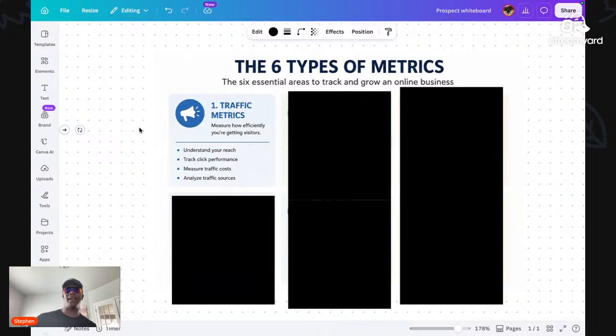I didn't understand how much traffic actually costs. I thought, hey, I'm spending $300 on this platform, $500 on this platform, $1,000 on this platform, I'm going to get X result. Well, that's an assumption not based in fact. It's not based in the metrics, right? So we're going to use our traffic metrics to understand how much things cost.